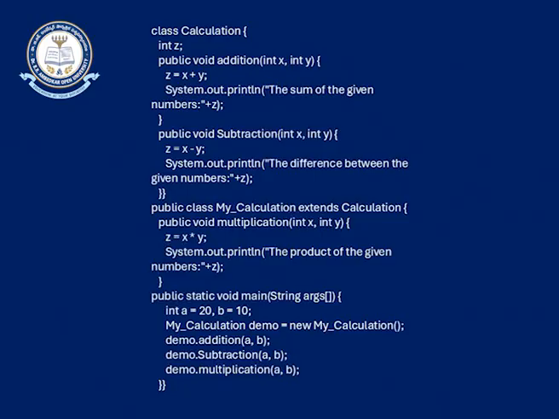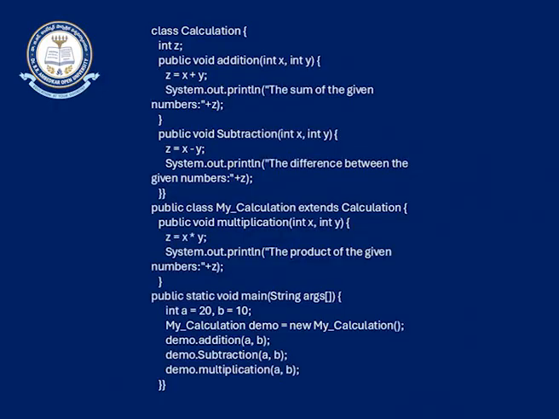This is one class I created, and I am saying that this class is the base class or parent class. Now, I want to create a new class called the derived class or child class. That child class name is MyCalculation. I create it using the class keyword, class MyCalculation, and it is written as public, which means it can be accessed by anybody.